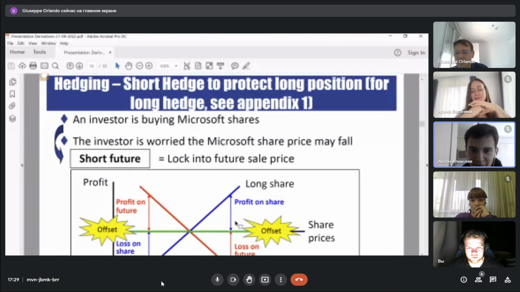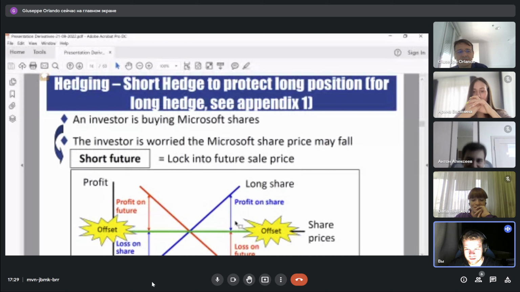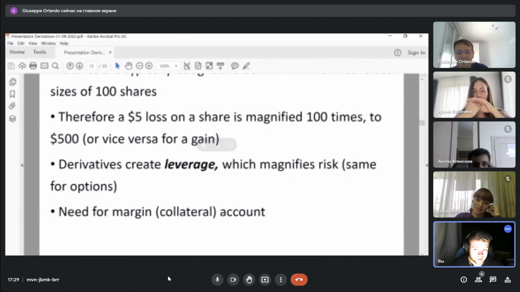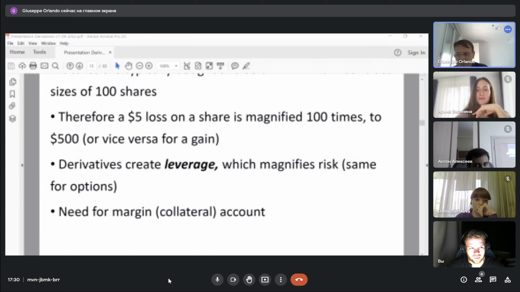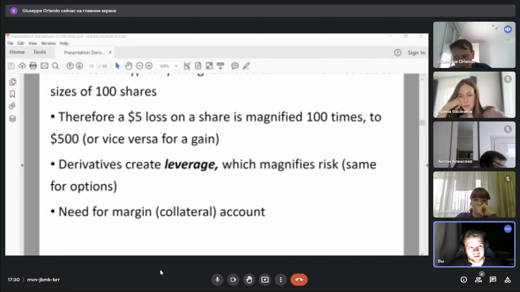Yes. And why is it done this way? Why are they sold in big bags, in great amounts? Why do we have leverage? Why not, I don't know, one or two shares?